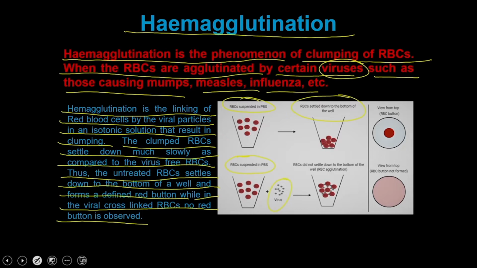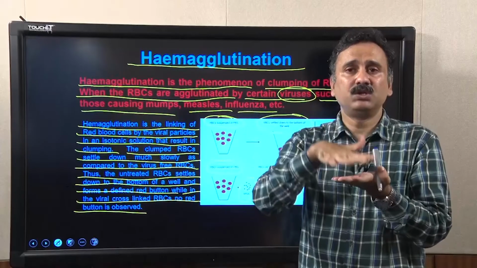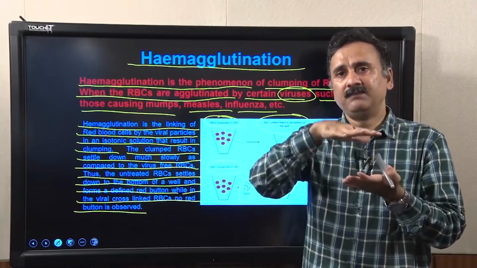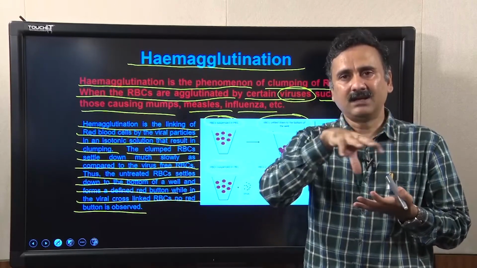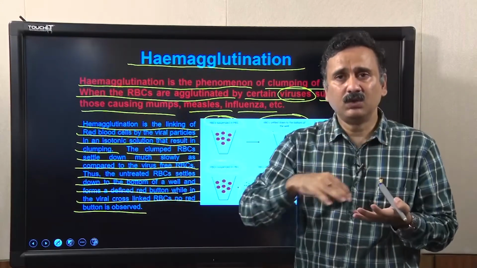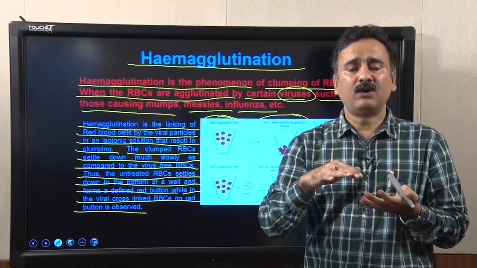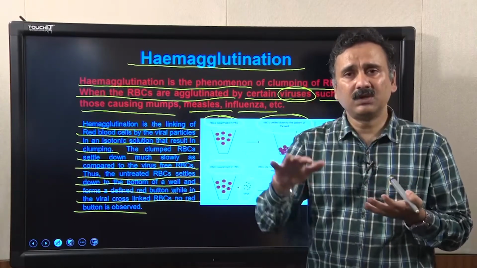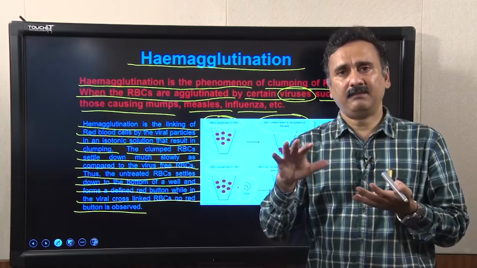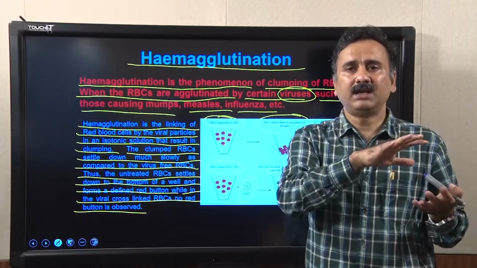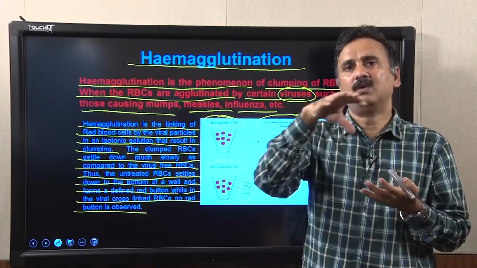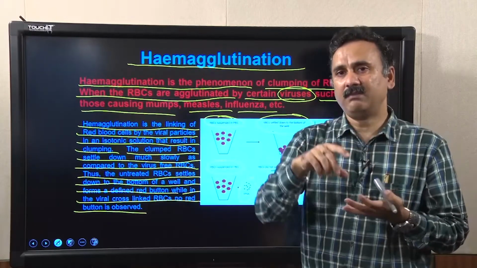The virus is going to cross-link these RBCs, and that is how they form the aggregates, and these aggregates show you a particulate pattern. Compared to that, the settling down of the RBCs gives you a smooth pellet, whereas agglutinated RBCs give you a particulate kind of appearance.